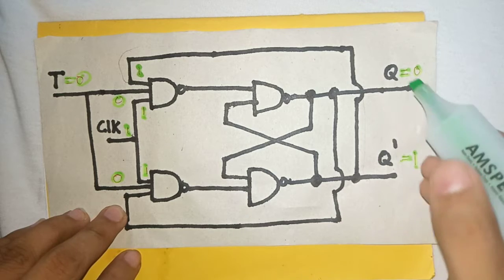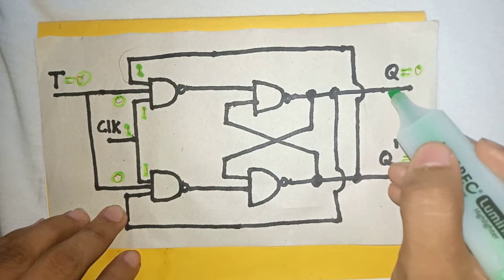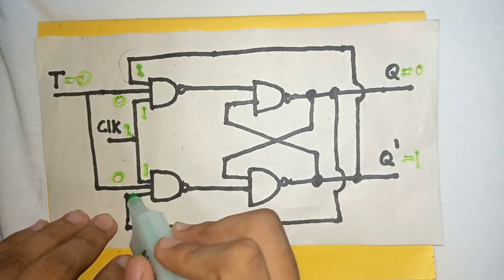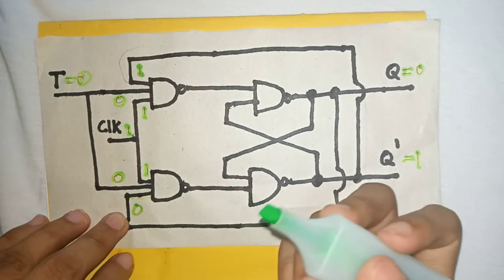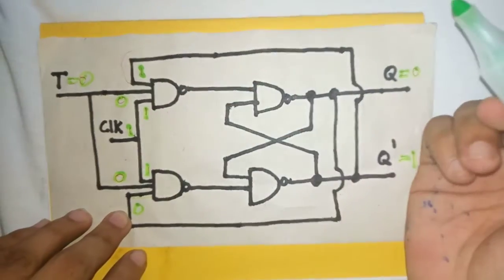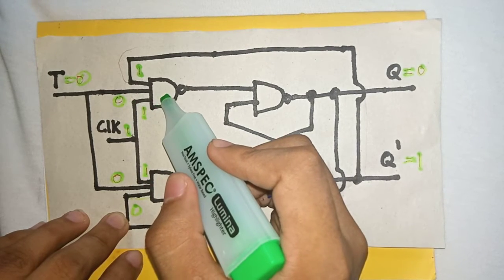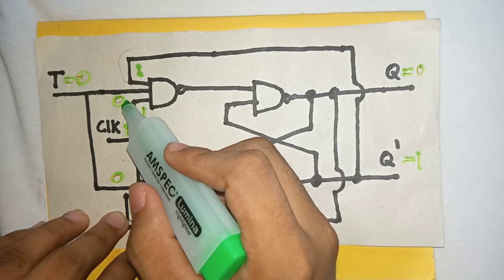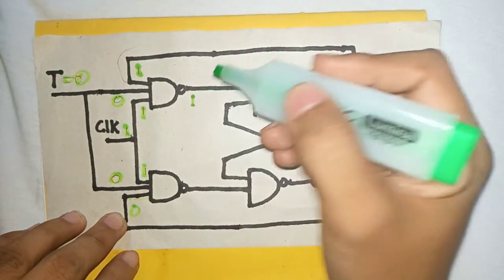Same goes for this one. When the output here is 0, it means that the input here in our second NAND gate is also 0. As we can recall, in a NAND gate, if we have a 0 input, the output is 1.